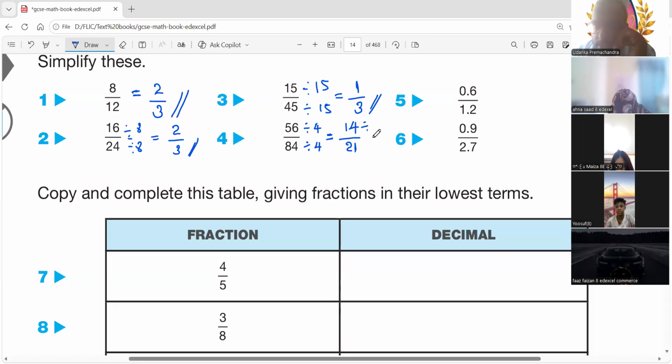Now again you can divide by 7 if you want. Otherwise you can divide by 28 at the same time. It's fine. I first divide by 4 and next divide by 7. Clear? 14 divided by 7 is 2, and 21 divided by 7 is 3. 2 over 3.